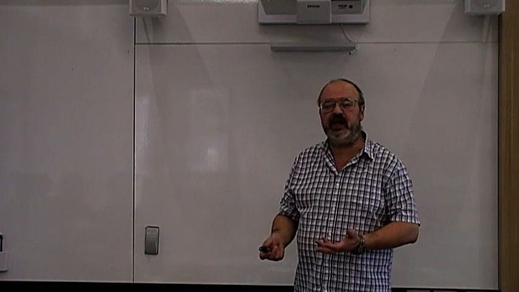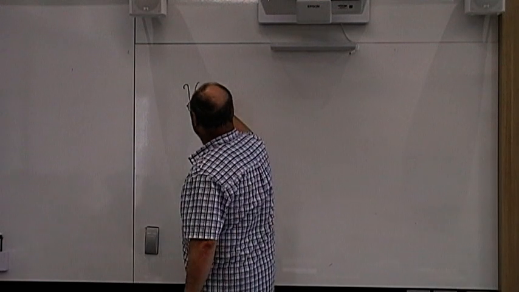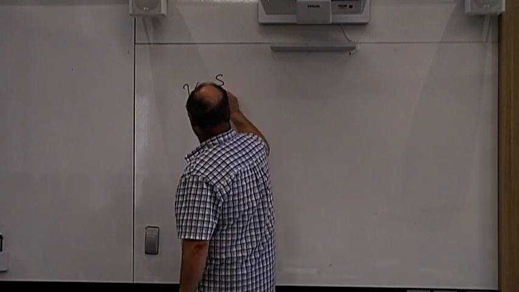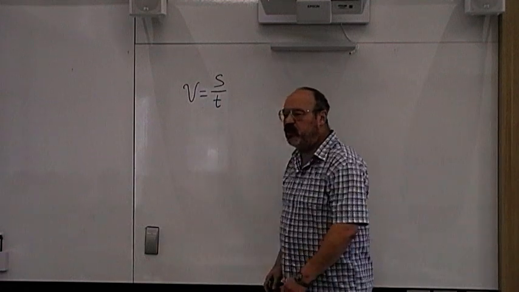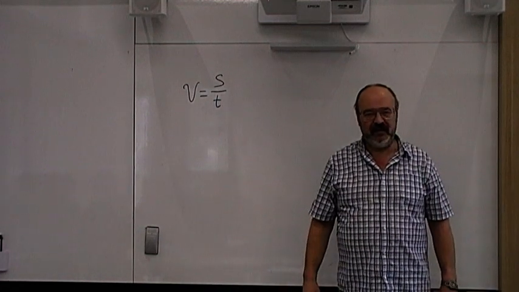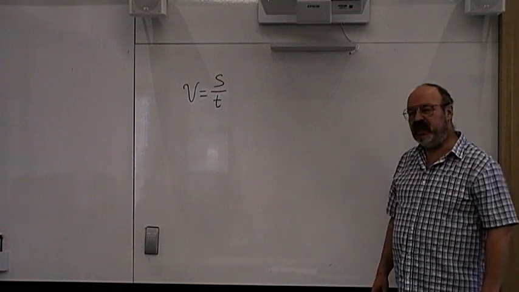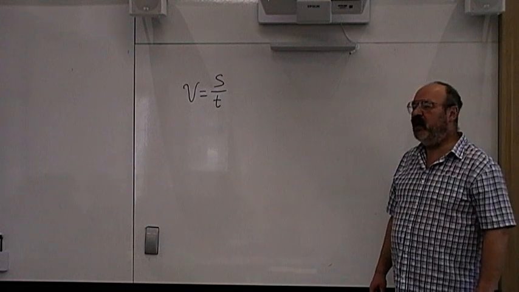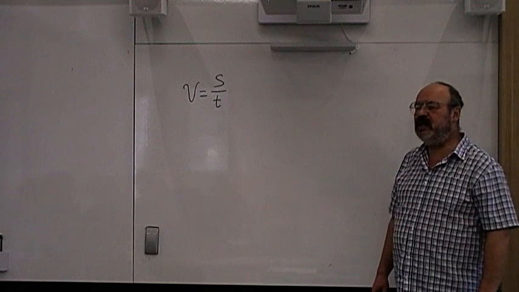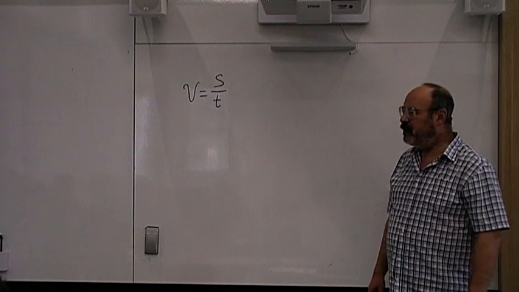So what is the relationship, how can we express it mathematically with a formula? V equals S divided by T. Speed equals distance over time. Is that for speed or velocity?